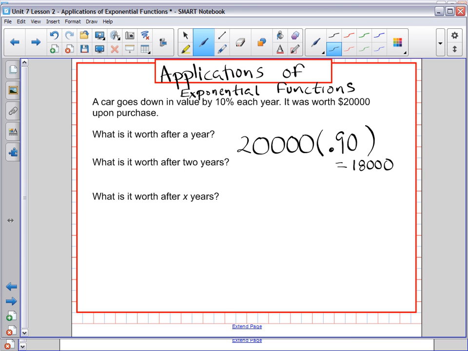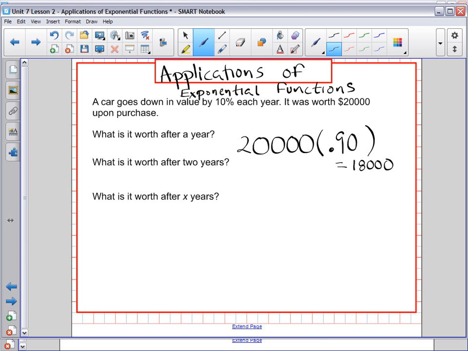Think for a second about what the value would be after 2 years. The most common wrong answer to this is that the value would be $16,000, that it would decrease by another $2,000. If it were to decrease by $2,000 again, we wouldn't have an exponential function, we would have a linear function.